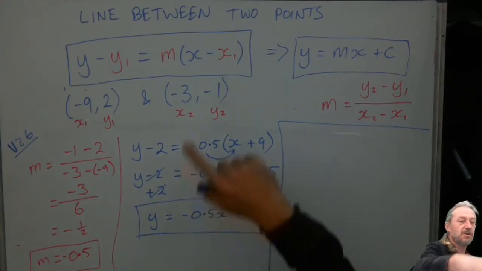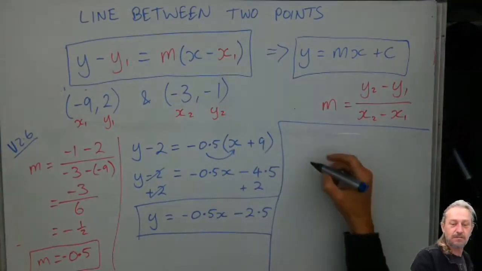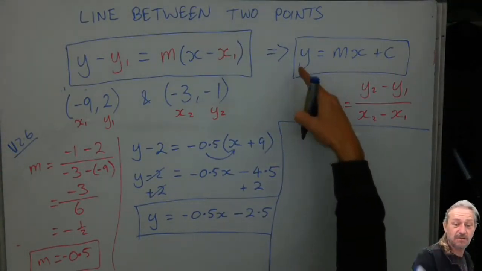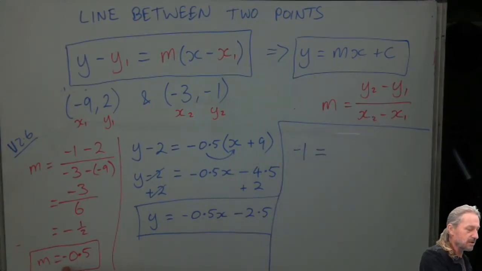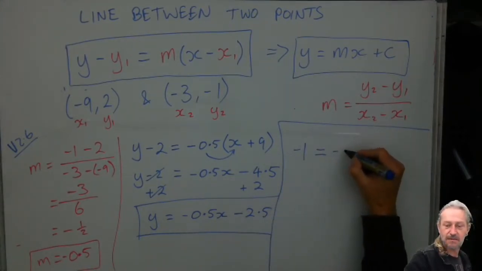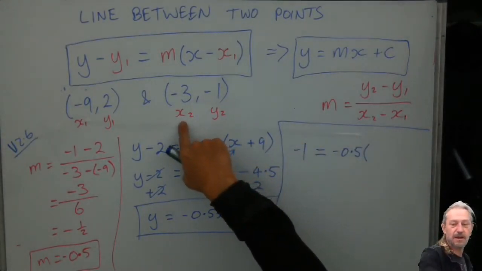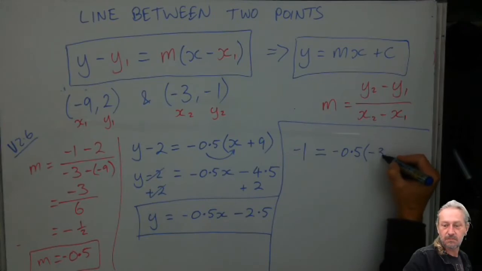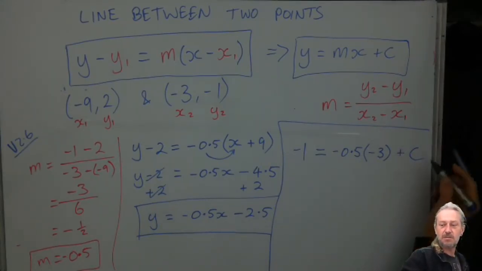So what I'm going to do, and we'll use this point instead. So our y value, we'll just substitute in there. So -1 equals our gradient, -0.5, multiplied by our x value, plus the thing that we need to work out.